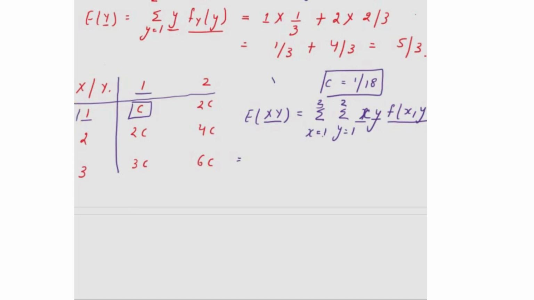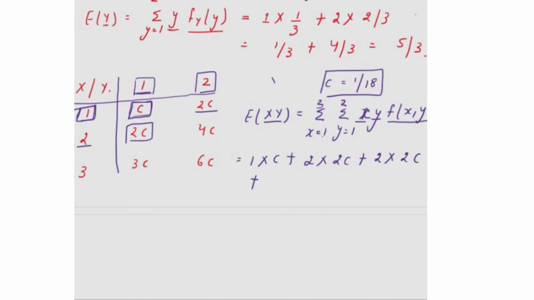So when x is 1, 1 multiplied by 1 is 1, and the corresponding joint probability mass function is c. So 1 multiplied by c, plus, then x equals 1, y equals 2. So 1 multiplied by 2 is 2, and the corresponding joint probability mass function is 2c. Then 2 multiplied by 1 is 2, and the corresponding joint probability mass function is 2c.